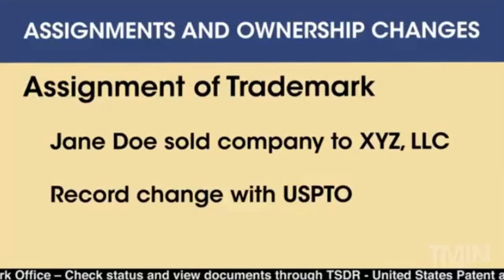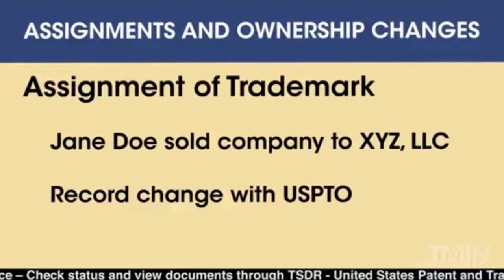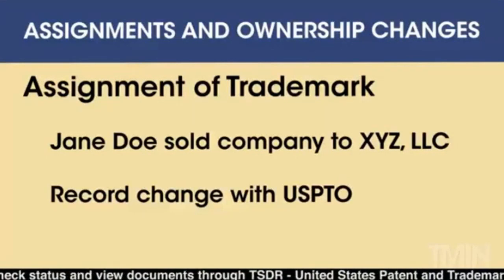XYZ must record this assignment with the USPTO so that the USPTO registration record accurately reflects that XYZ LLC is the new owner of the mark that Jane Doe previously owned. There are many other types of changes of ownership that can occur, but again, these 3 are some of the most common: change in name, change in entity type, and assignment.